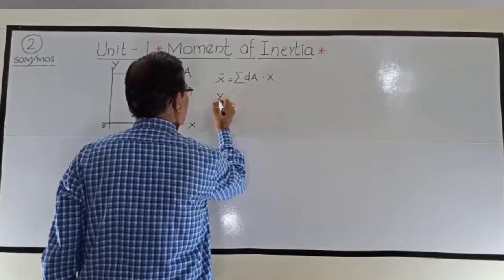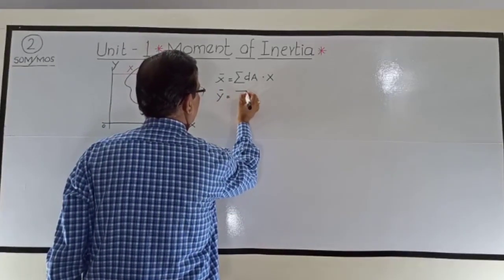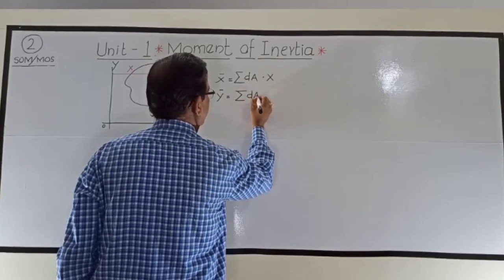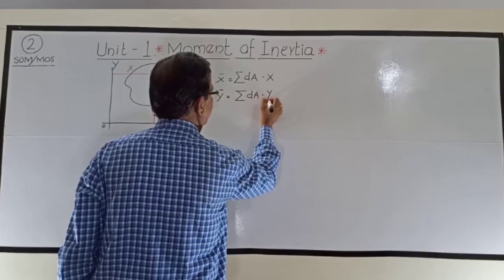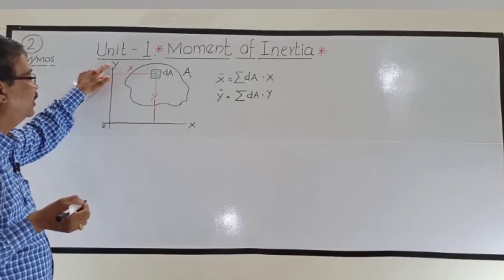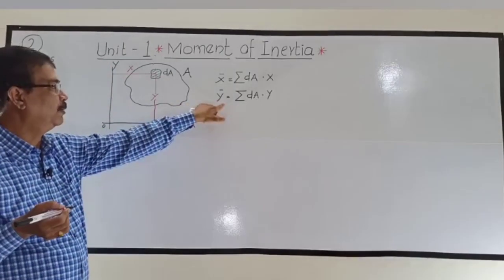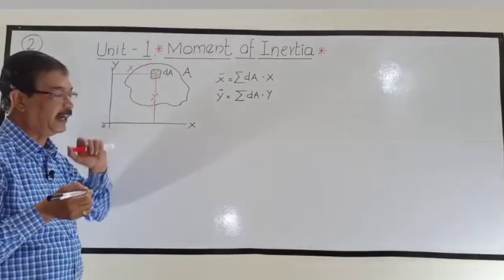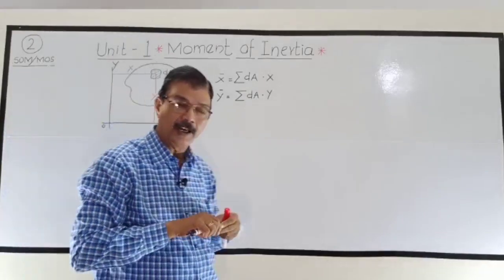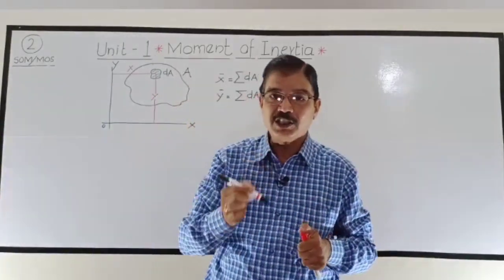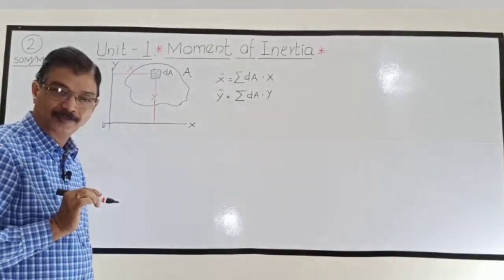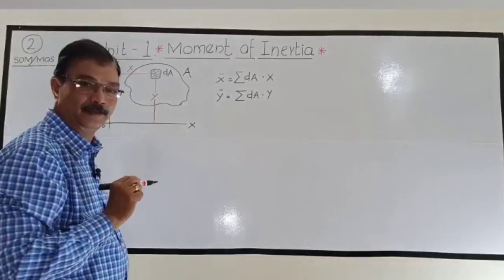Similarly, y bar is equal to summation dA into y. While finding x bar, we are taking moment of area about the y-axis. While finding y bar, we are taking moment of area about the x-axis. In short, the first moment of area about the reference axis gives us the position of the centroid that we saw in applied mechanics. Now what are we going to see?